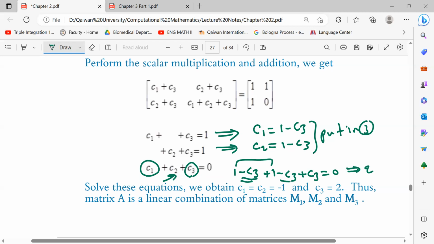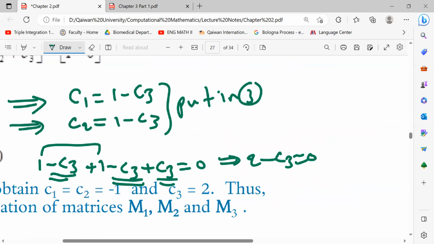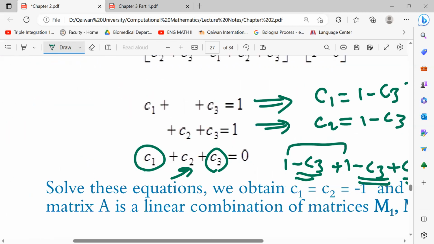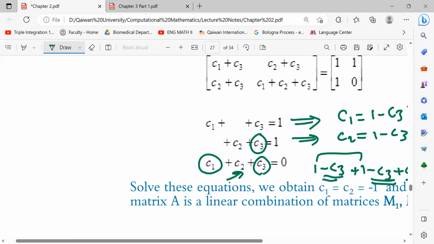Minus C3, minus C3 is minus 2C3. Plus C3 is minus C3, is equal to 0. How to get C3? C3 is 2. We found C3. Now, plug it into here, we get C2. And plug it into here, we get C1, sorry.